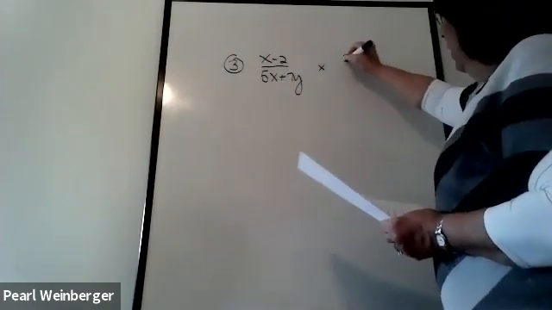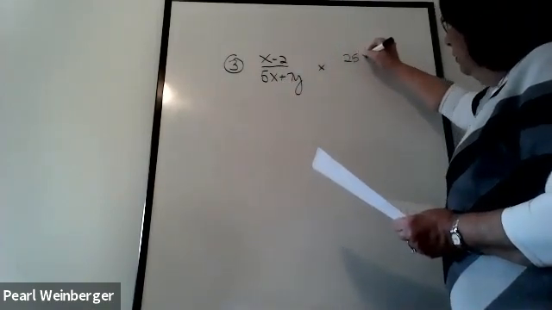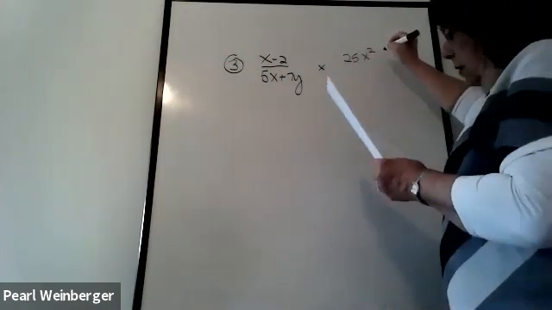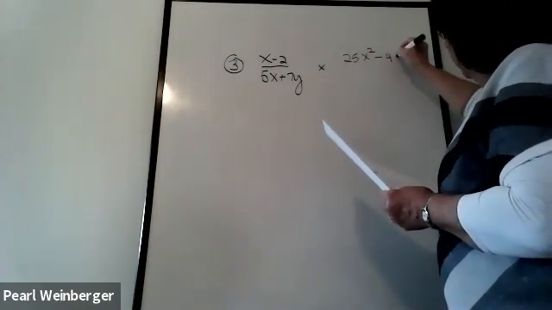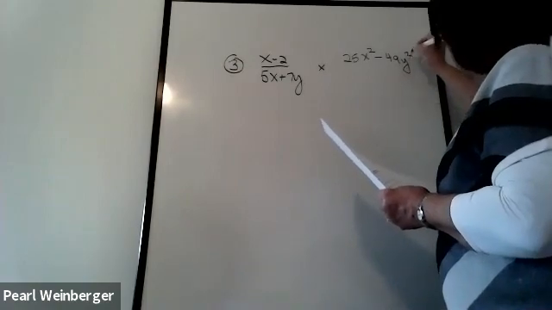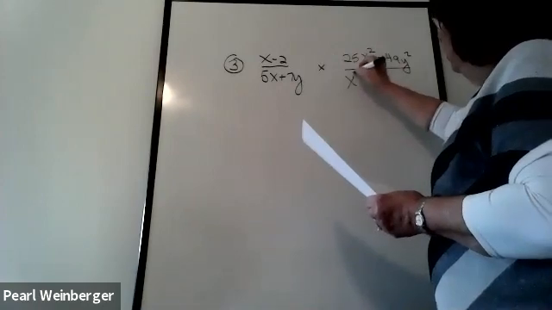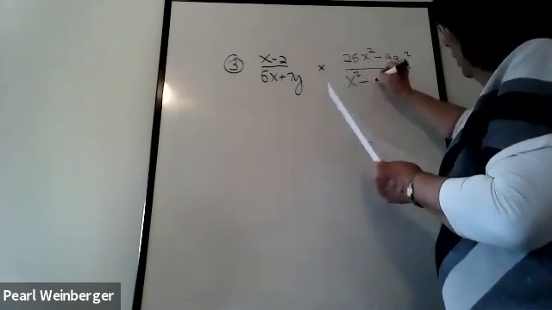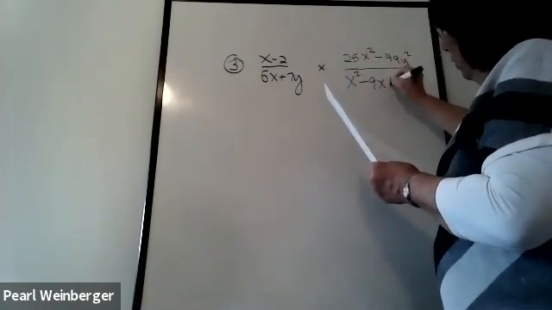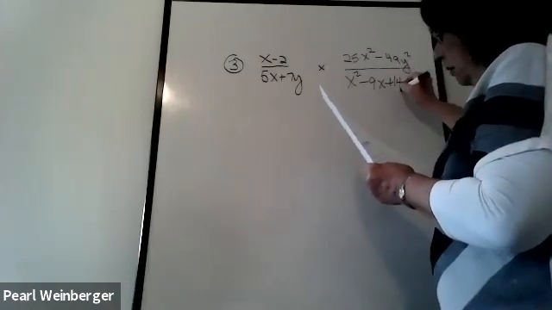And the next fraction is 25x squared minus 49y squared all over x squared minus 9x plus 14.